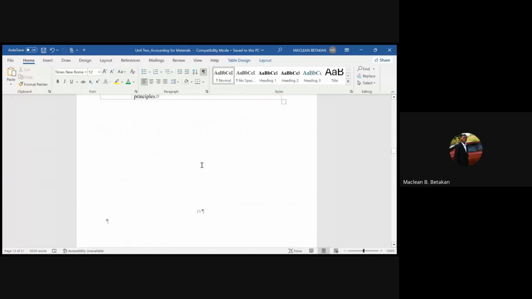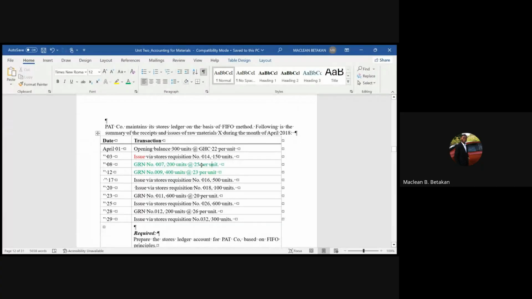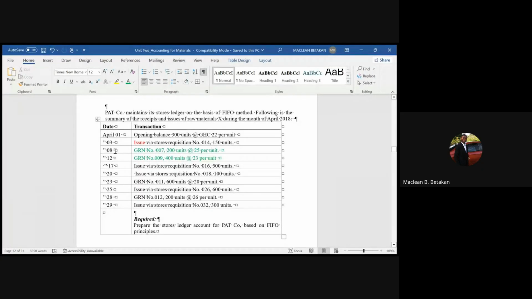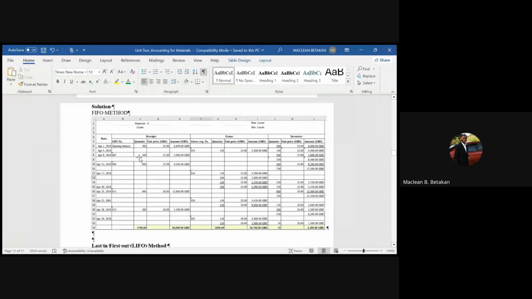Then the next transaction was a receipt of 200 units at 25. So we record it in the receipt column. We have the GRN number, which is 007, and the quantity was 200. The price was 25. 25 times 200 gives you 5,000.